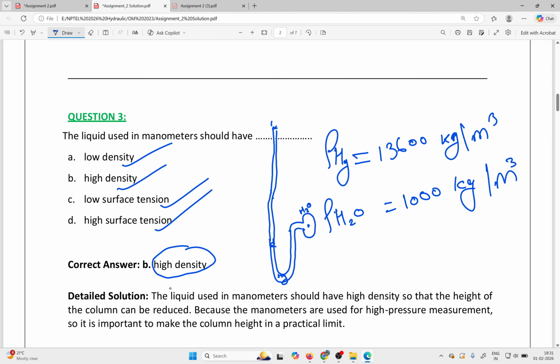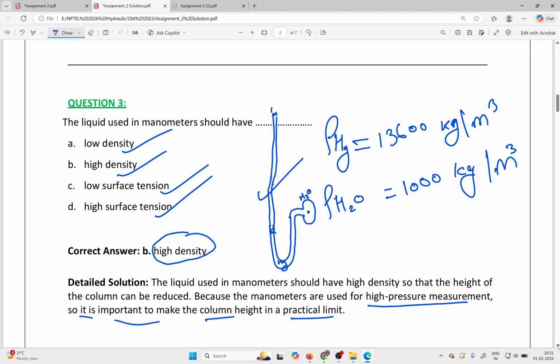Here the detailed solution is also given: the liquid used in a manometer should be of high density so that the height of the column can be reduced, because manometers are used for high pressure measurement. So it is important to keep the column height within a practical limit. Hope you understand the whole statement I have already explained.